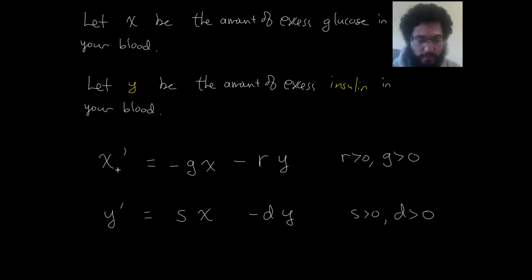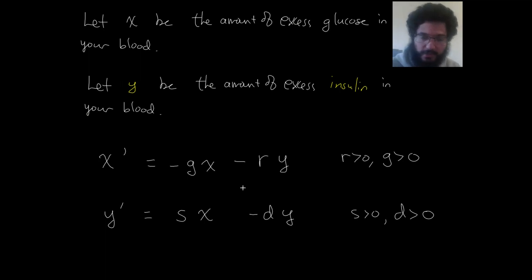And remember that it's set up so that it makes sense to think about positive and negative x and y. So when y is negative, that means you have less than the equilibrium. Since y is the amount of excess insulin, the amount above equilibrium, negative y would just mean that you have lower than the equilibrium level. So then this would cause you to sort of decay up to y equals 0, which is the equilibrium level.